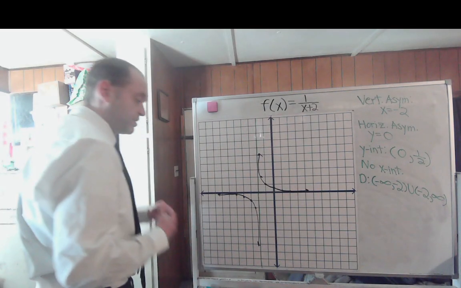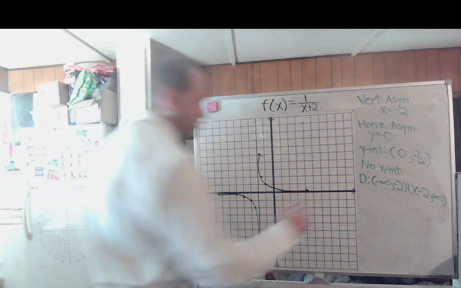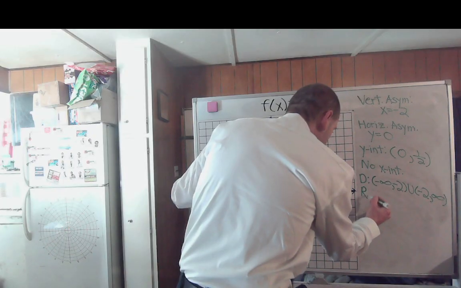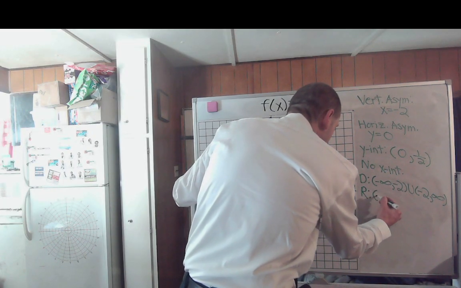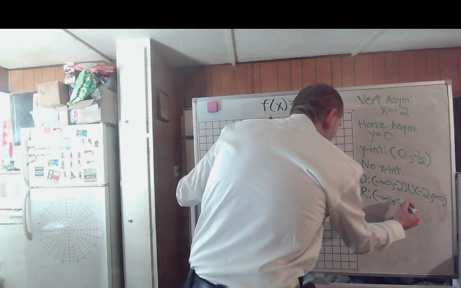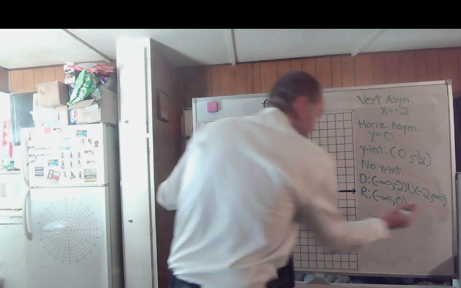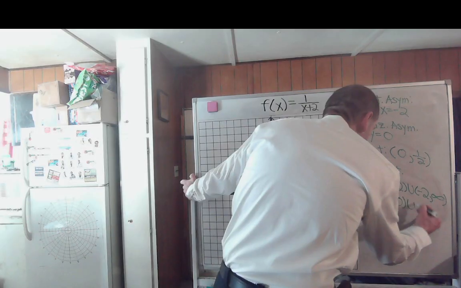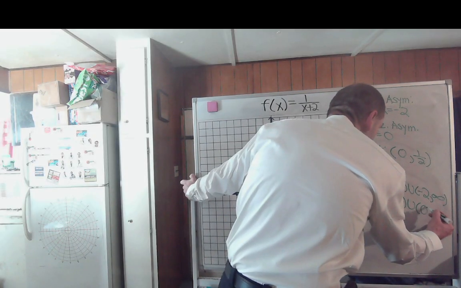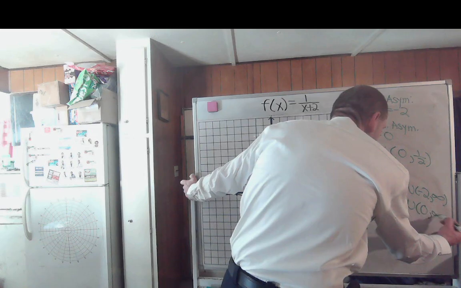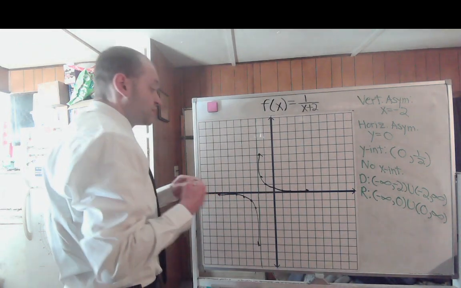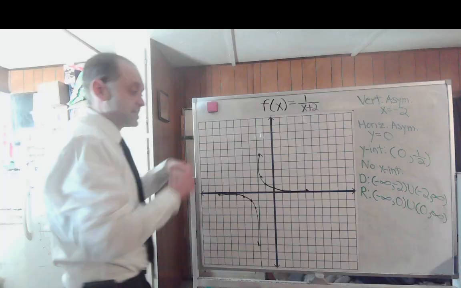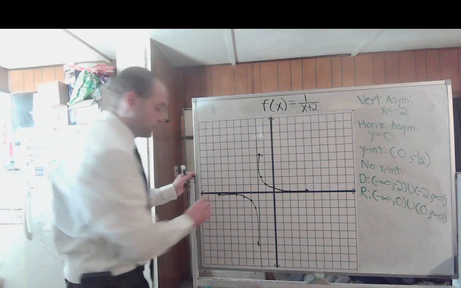Which should help us identify the range. Your range would end up being from negative infinity to 0 non-inclusive, because it doesn't actually equal 0, in union with 0 to infinity non-inclusive. So there's everything about f of x equals 1 over x plus 2.